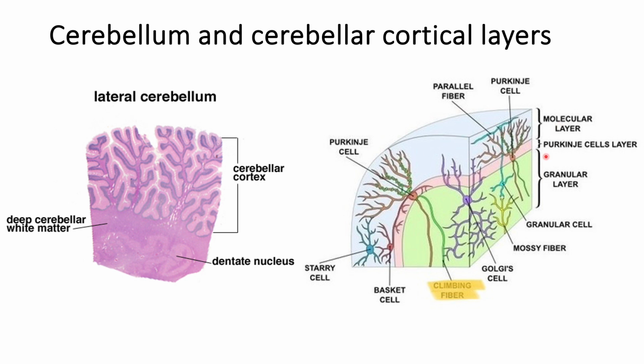So the molecular layer, the Purkinje cell layer, and then the granular layer. Here we can see the basket cell. You also have some stellate cells. Parallel fibers are also located in the molecular layer.